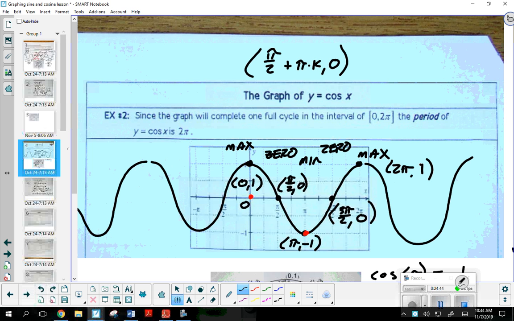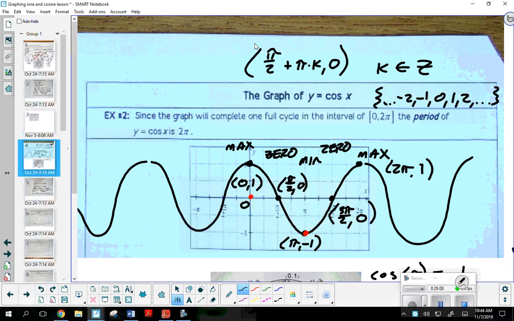Now these are going to give you the location of all your x-intercepts. K is an integer. Or remember, what were the integers again? So we had 0, let me go ahead and start with the negatives. -2, -1, 0, 1, 2, dot, dot, dot. Okay.